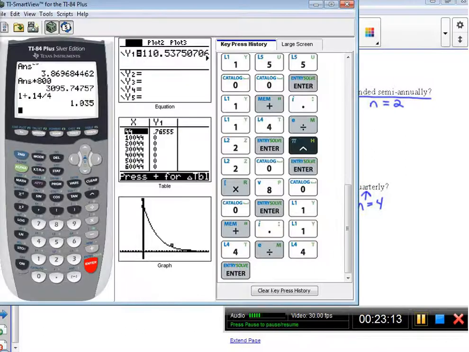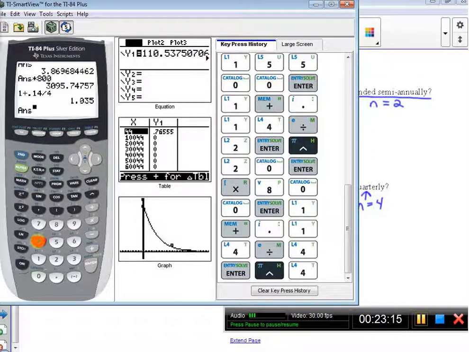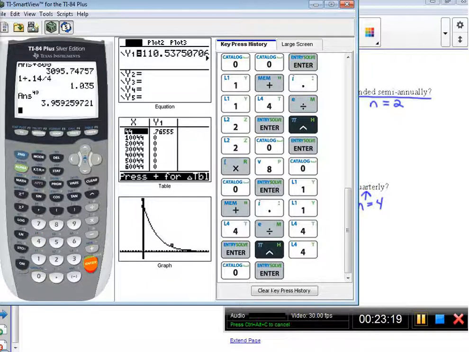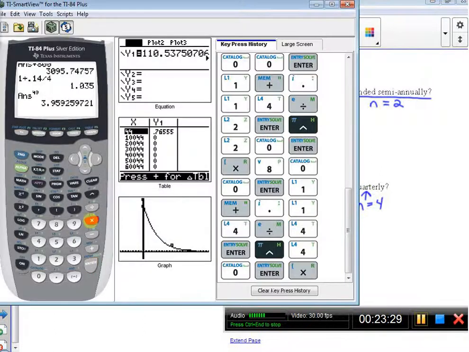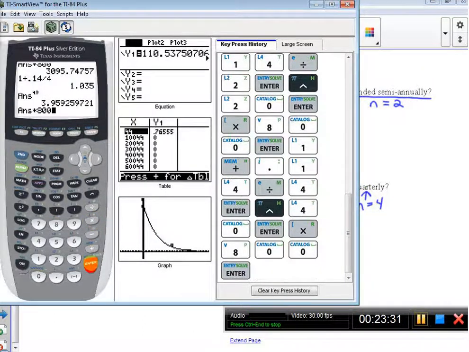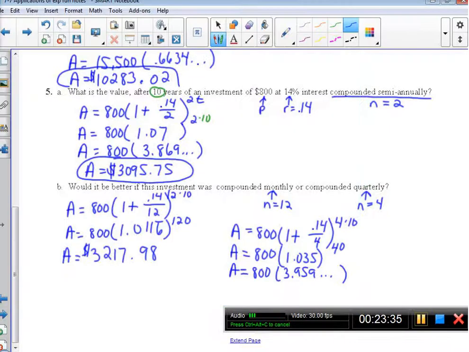So we want to take that value to the 40th, 3.959. Then times 800, and we get 3167.41.